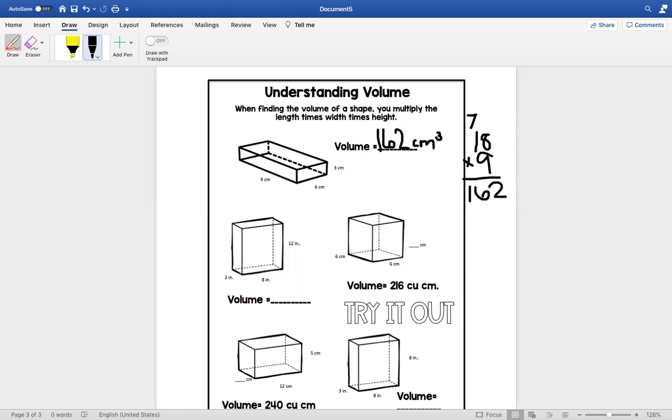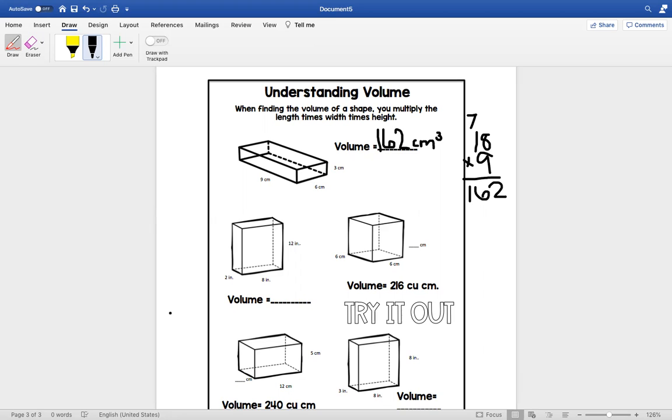All righty, we've got 2 more to try together. We have a 2 by 8 by 12 shape. So I'm going to start with 12 times 2, which I know is 24. But I have to multiply 24 times 8. Remember, you can do it how we did 18 times 9, or you can break it up and do 20 times 8 and 4 times 8 and add those together.